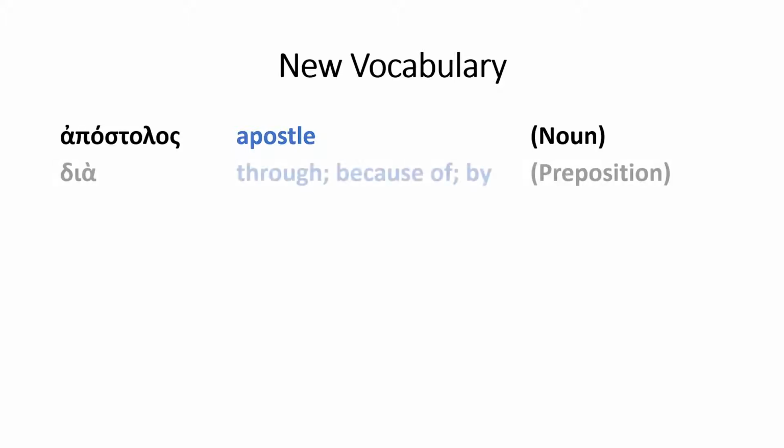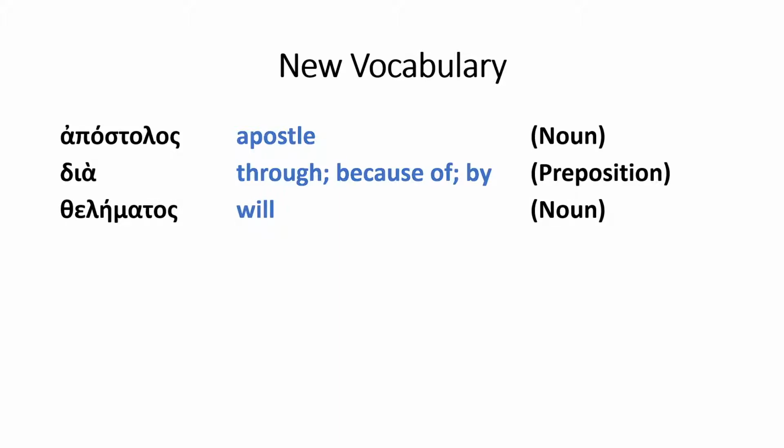Okay, so looking at some new vocabulary. First of all, apostolos means apostle. Apostolos, apostle. Dia, through, because of, or by. Dia, through, because of, or by.